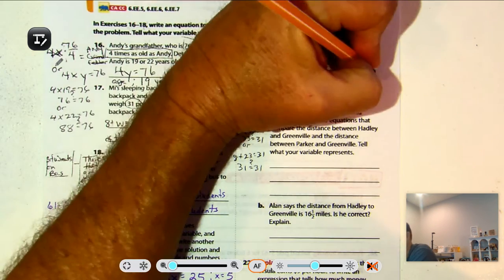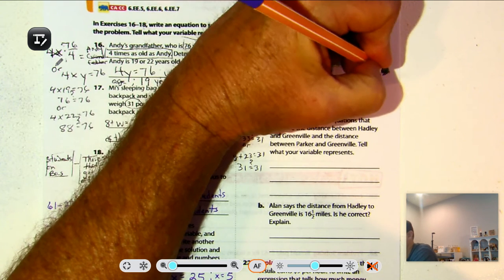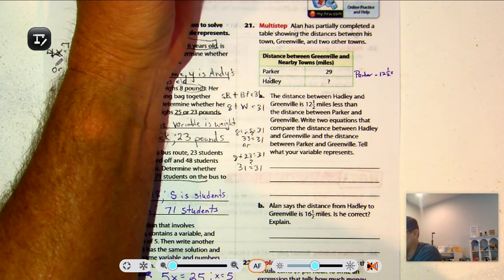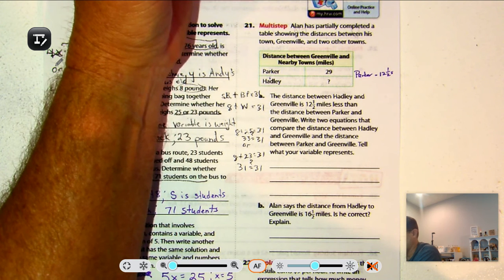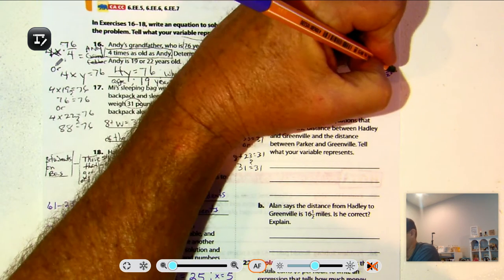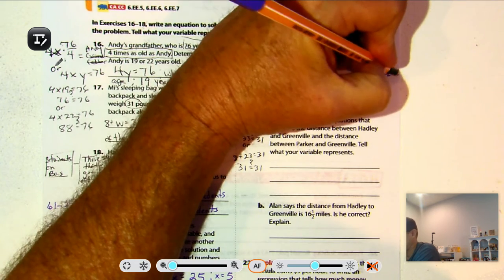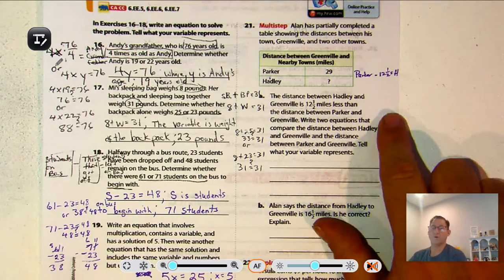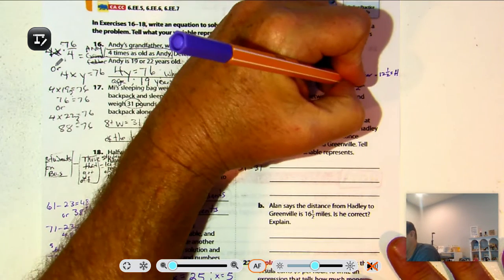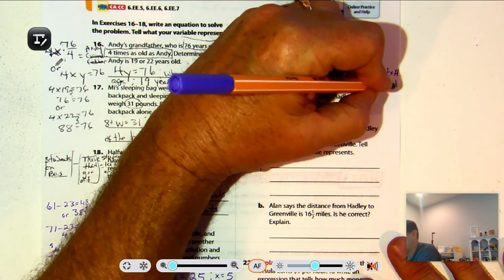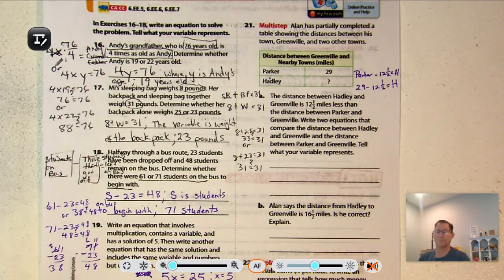So Parker minus 12 and a half would give me Hadley. Okay, so Parker is 29. If we subtract 12 and a half, that'll tell us Hadley.